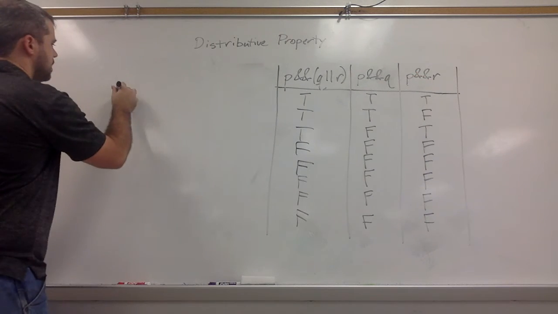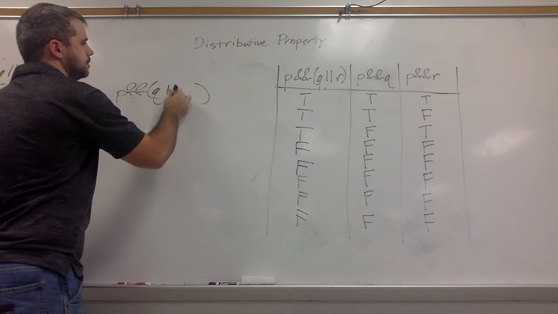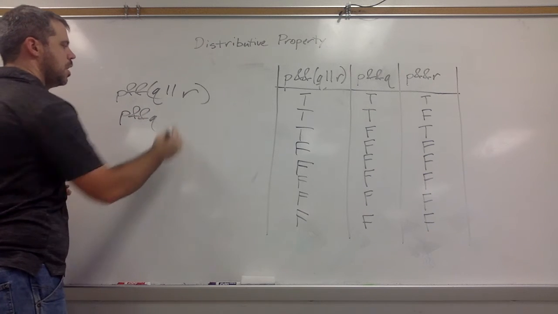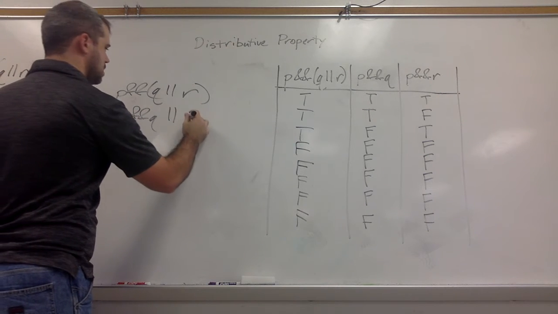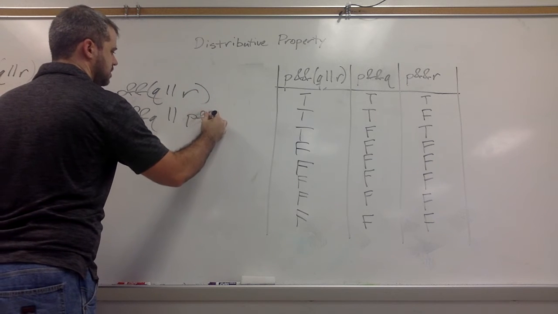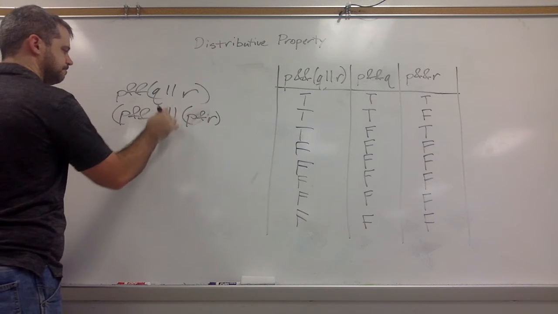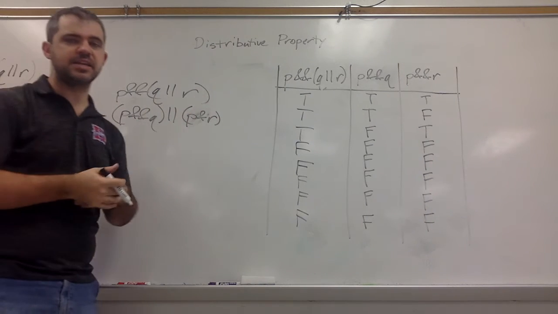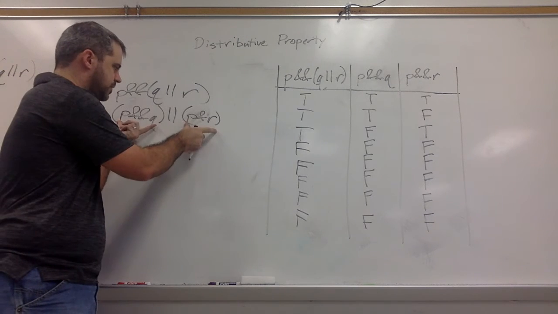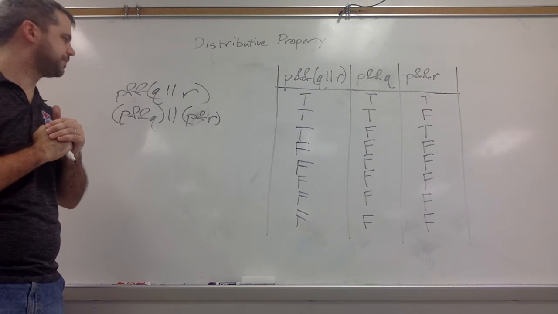Let me write that out. So (P and Q) or (P and R). We don't technically need those parentheses, but that makes it a little clearer. We're dealing with these first, and then there's the or there.